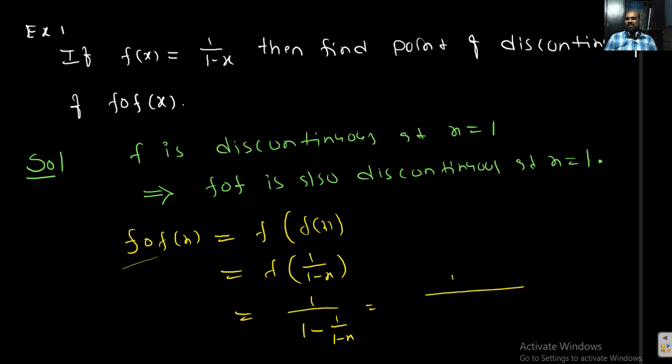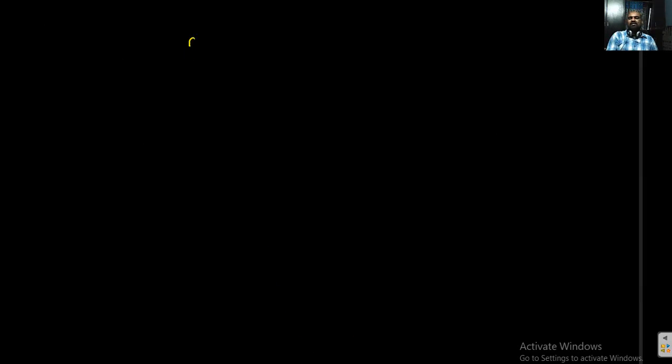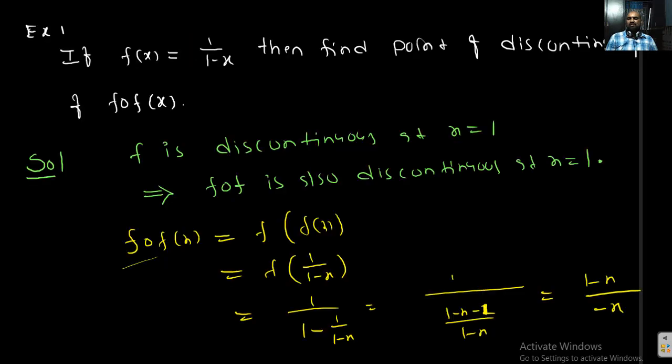This is 1 by 1 minus x, LCM, 1 minus x minus 2... that is equal to 1 minus x by, 1 minus x minus 1, the 1 gets cancelled, we will get minus x. So f circle f of x equals x minus 1 by x.